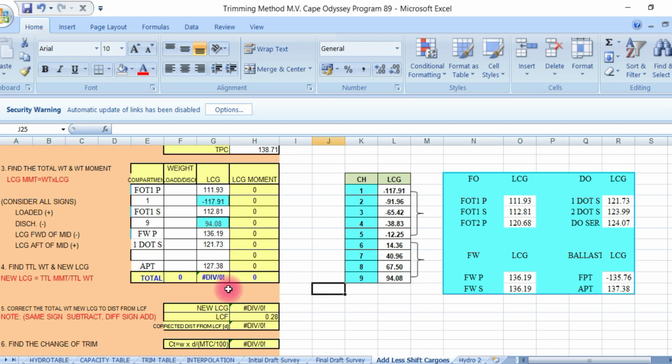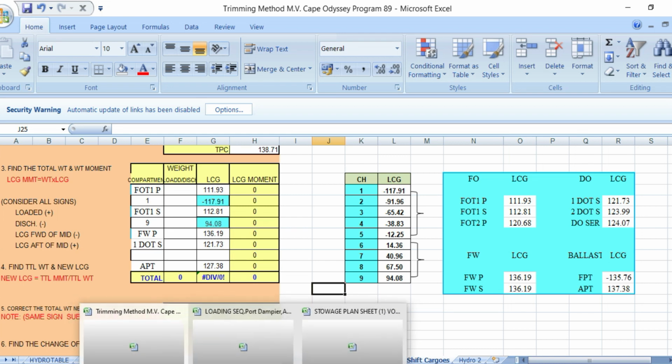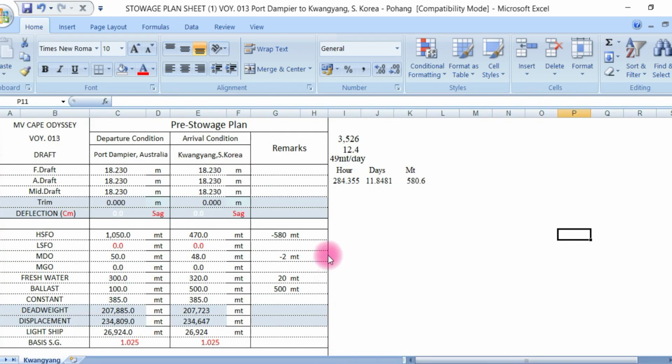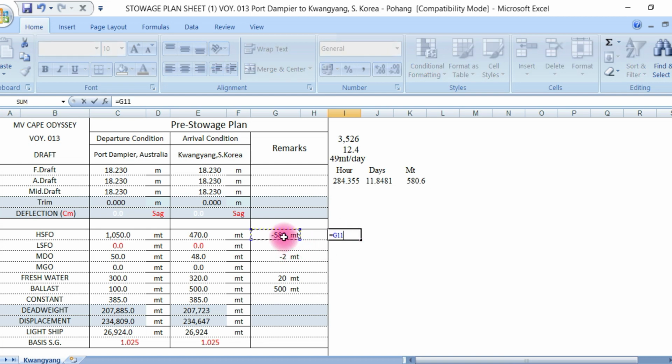Now, we go back to the pre-plan. The consumption is 580. So we divide this by 2, so 290 in each tank.